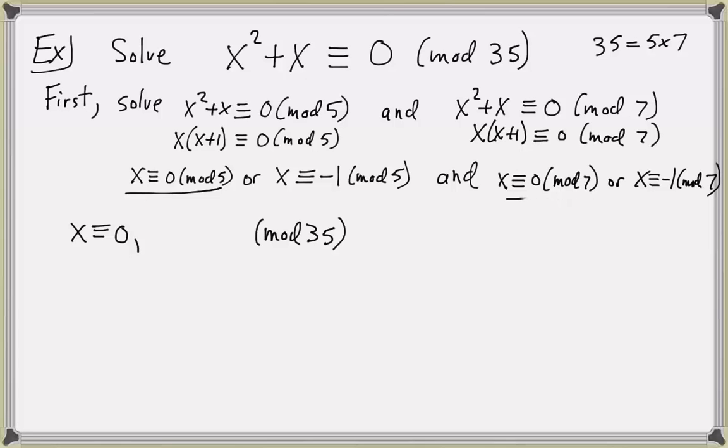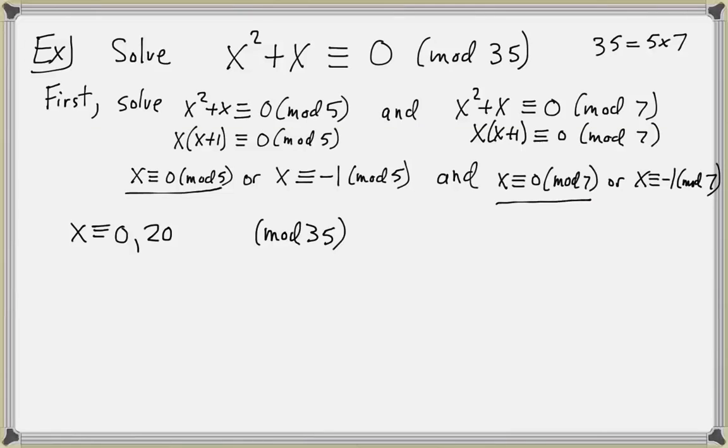Now think about 0 mod 5 and negative 1 mod 7. So what residue mod 35 is a multiple of 5 and 1 less than a multiple of 7? Well, I see that the number 20 is 0 mod 5 and 1 less than a multiple of 7, so 20 would be congruent to negative 1 mod 7.